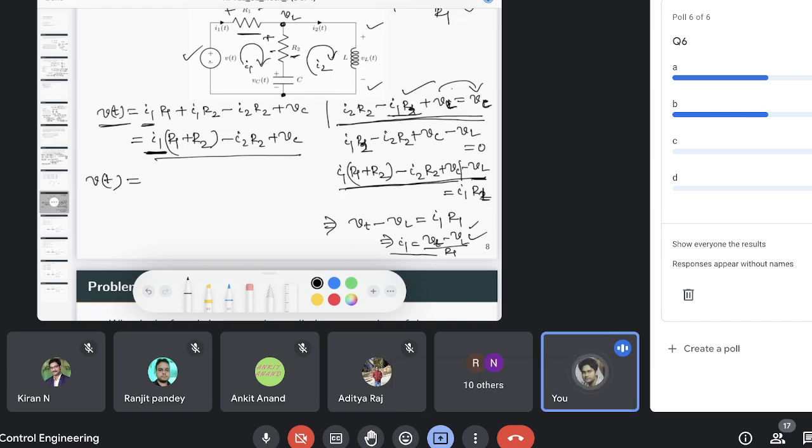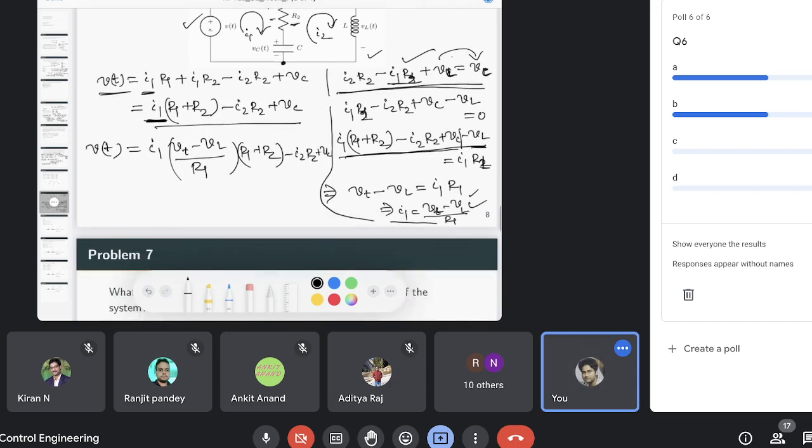So Vt equal to (Vt minus VL) by R1 into (R1 plus R2) minus I2 R2 plus Vc. You just substitute for I1 from this expression, so this is the expression.